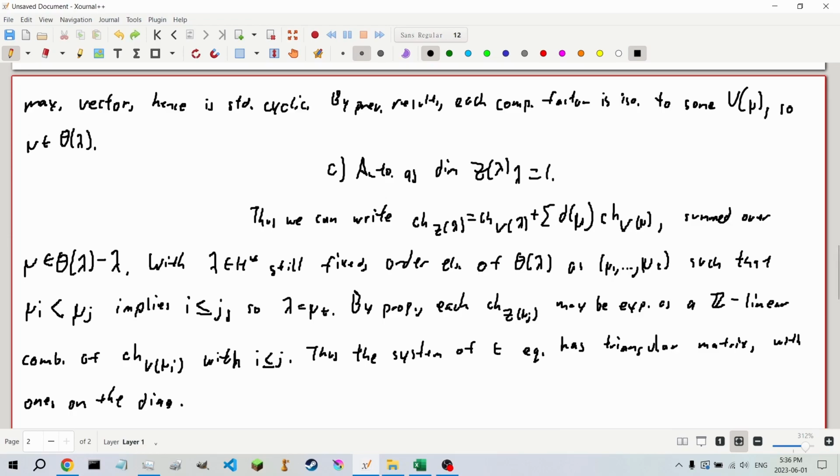And thus its determinant is 1. So we may invert it over the integers.